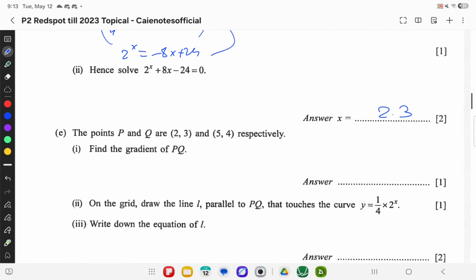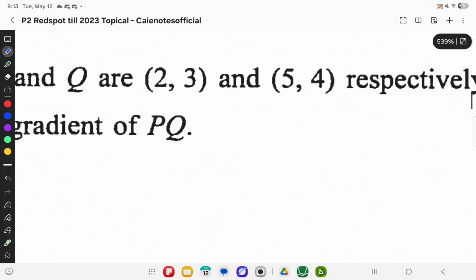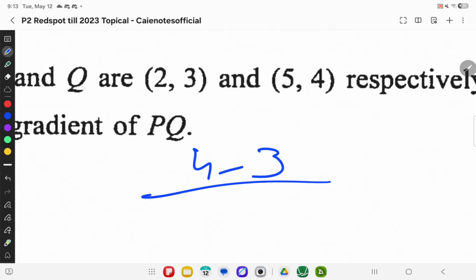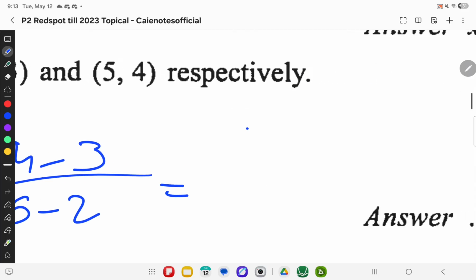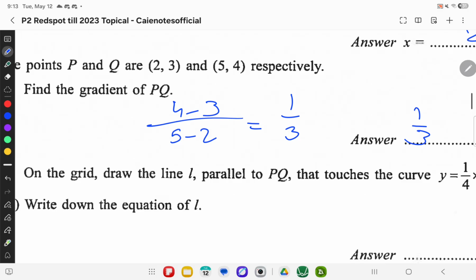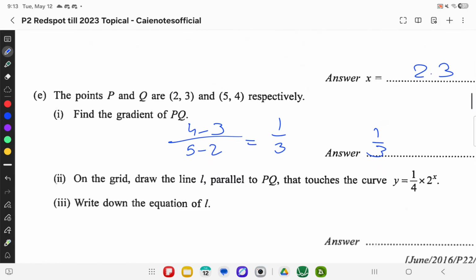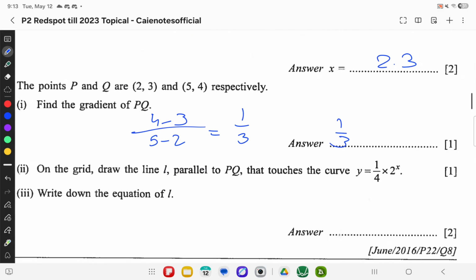The points P and Q are (2, 3) and (5, 4) respectively. Find the gradient of PQ. So this is 4 minus 3 over 5 minus 2, which is equal to 1 third. Nice. Alright, great. Draw the line L, which is parallel to PQ and touches the curve.